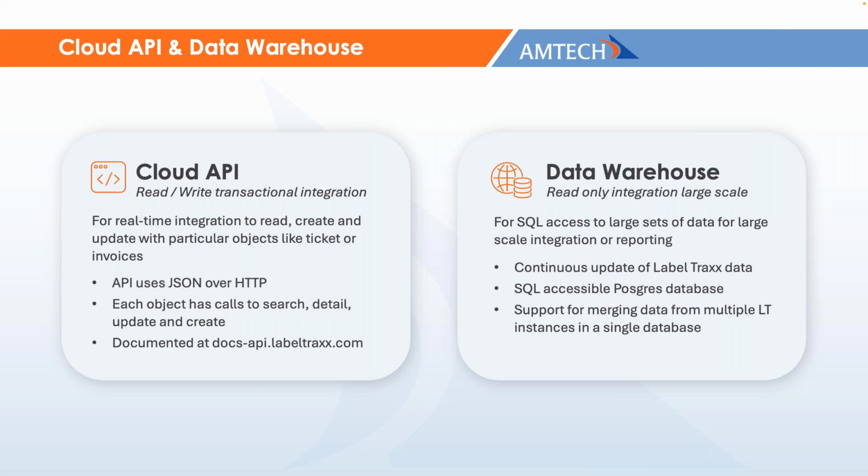It continuously updates Label Traxx data into a SQL accessible Postgres database that's in the cloud, and it provides support for merging data from multiple Label Traxx instances into a single database if you are in a situation where you have more than one Label Traxx instance or more than one plant.